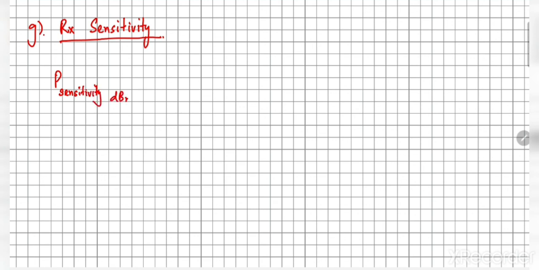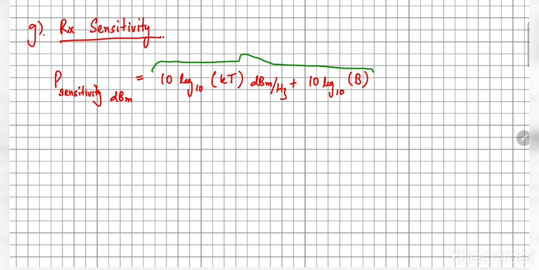In the units of dBm, it can be written as 10 log 10 of kT, which is in the units of dBm per hertz, plus 10 log 10 of bandwidth, which then adds to produce the noise power or the noise floor of the receiver.